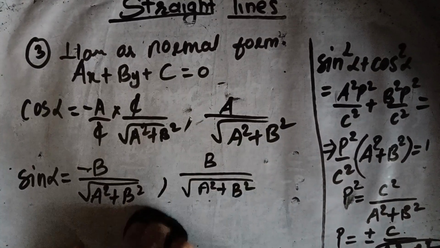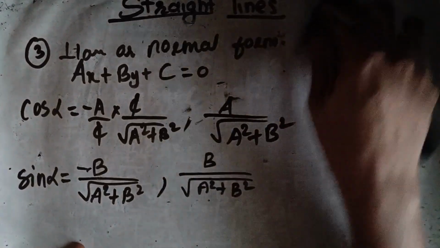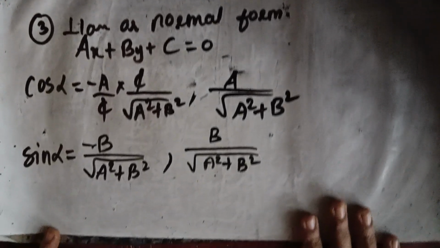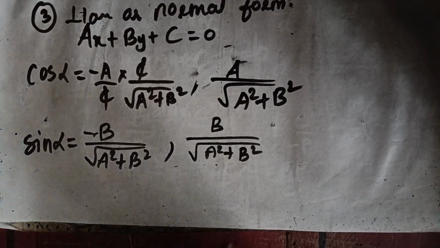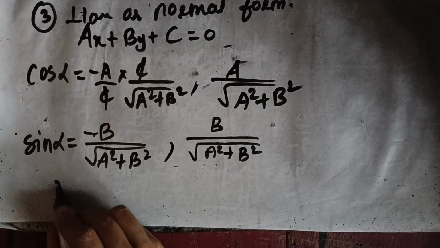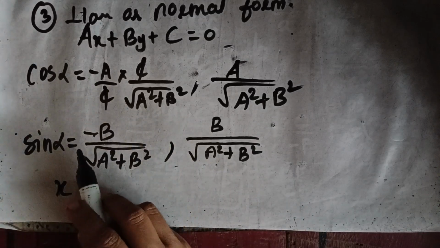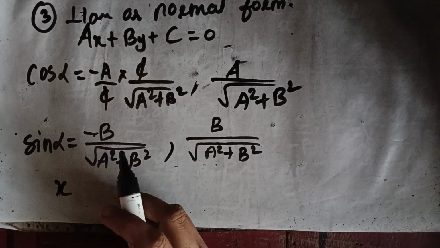So finally, when you write the equation in the normal form, it is x cos alpha, and two values will be there.